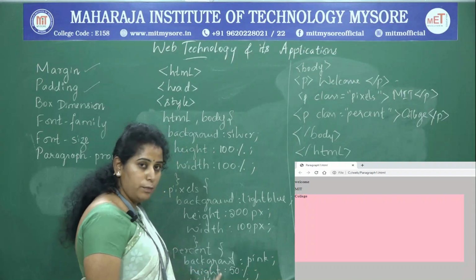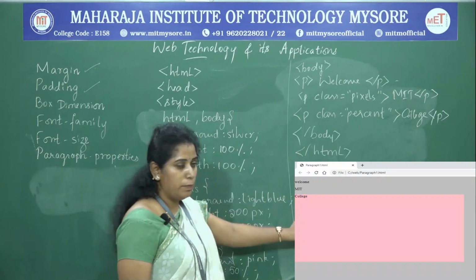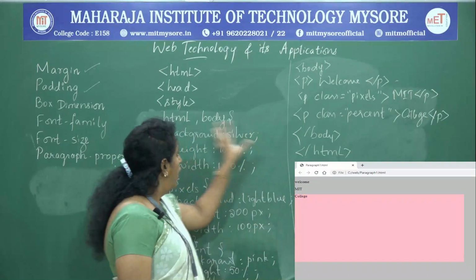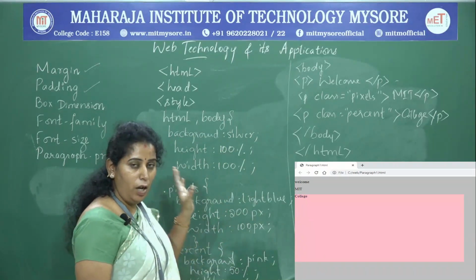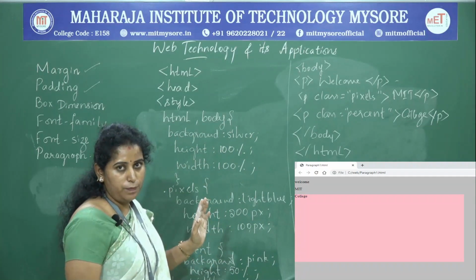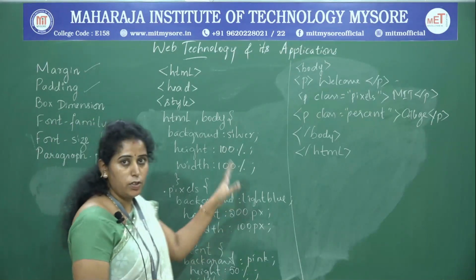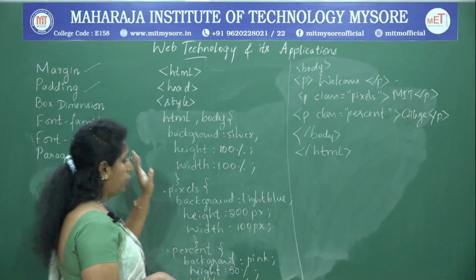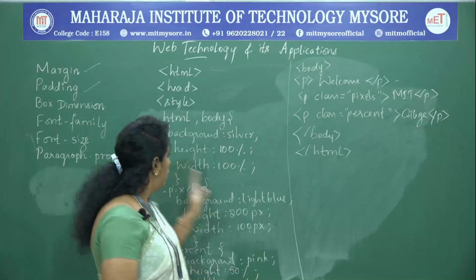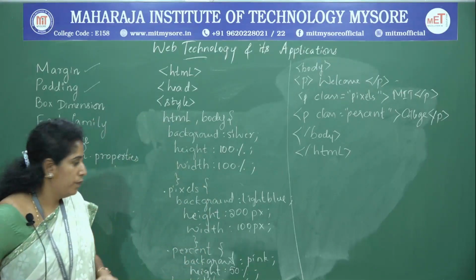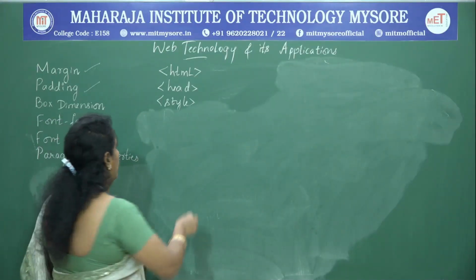And if I give in terms of percentage, you can notice the college message, how it has been printed. Hope you are getting how box dimension works. So, this is all about box dimensions. Okay. So, next we will move to CSS text styling.